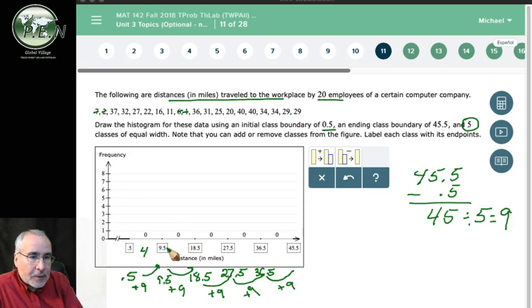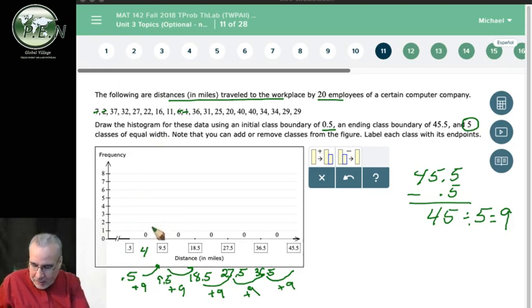Now I'm going to look for 10 to 18. Any number that's 10 to 18. Let's change colors to make this a little clearer. 10 to 18, so there's 1, 2, just 2 of them that go into here.